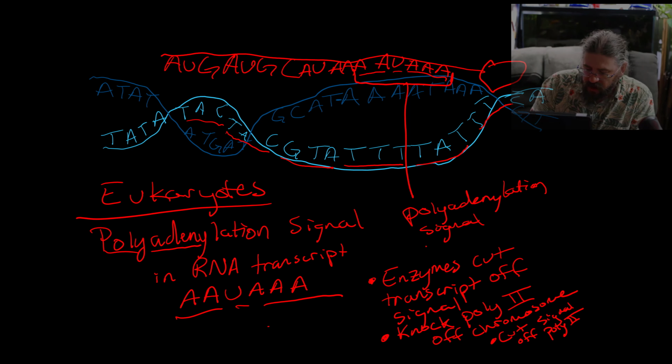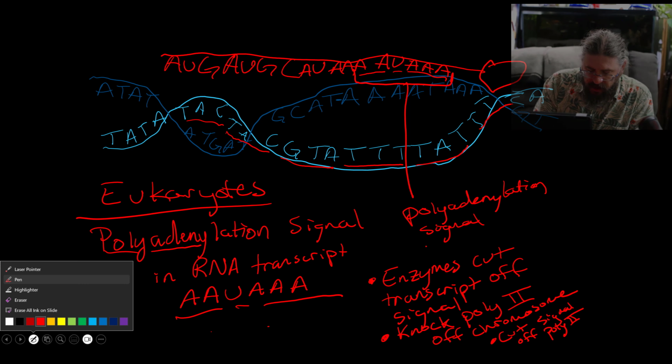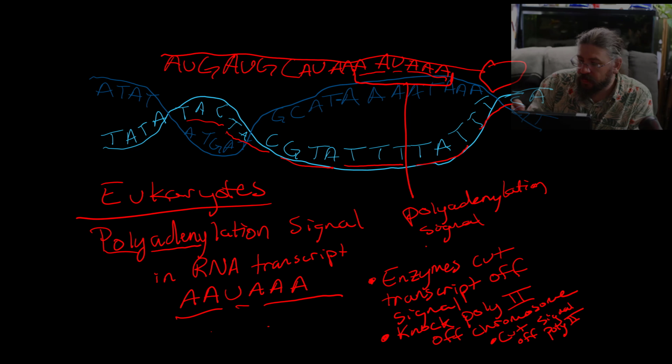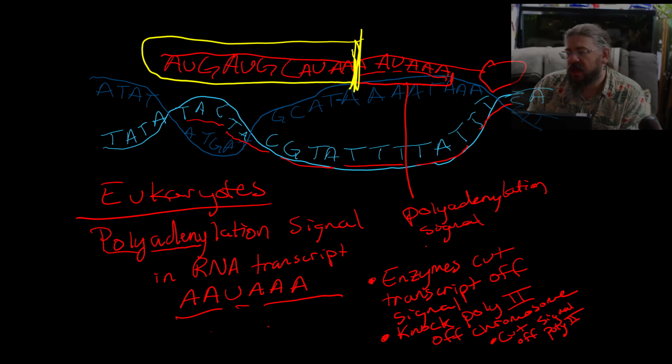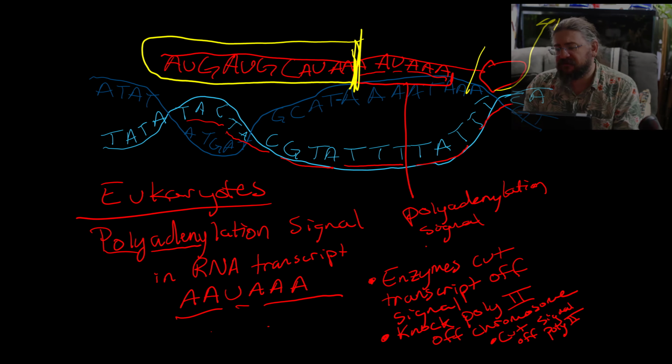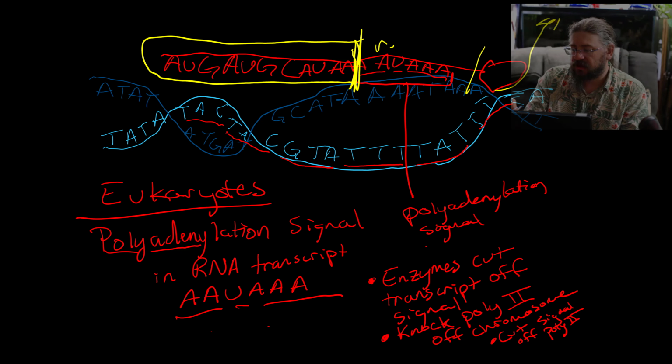Cut this right there. And we'll have polymerase 2 with its signal knocked off there, and then we'll just cut that off. And this is just going to get recycled, which isn't important to know.